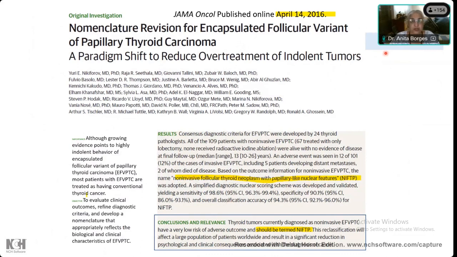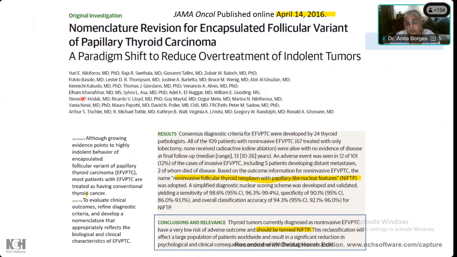And what did they say? Why did they change the name? Because there was growing evidence pointing to the highly indolent behavior of this particular entity that we had been calling encapsulated follicular variant of papillary thyroid carcinoma, and most patients were being treated as if they had conventional thyroid carcinoma.